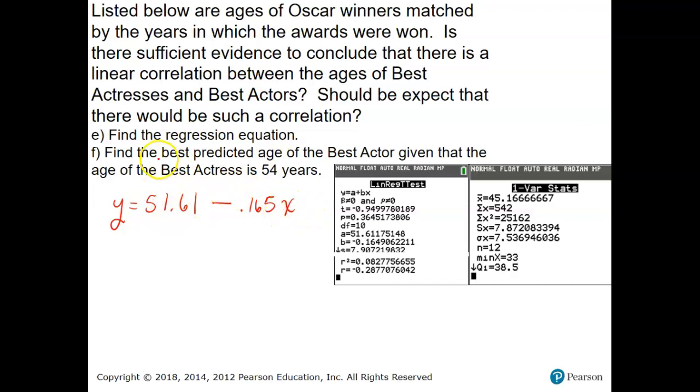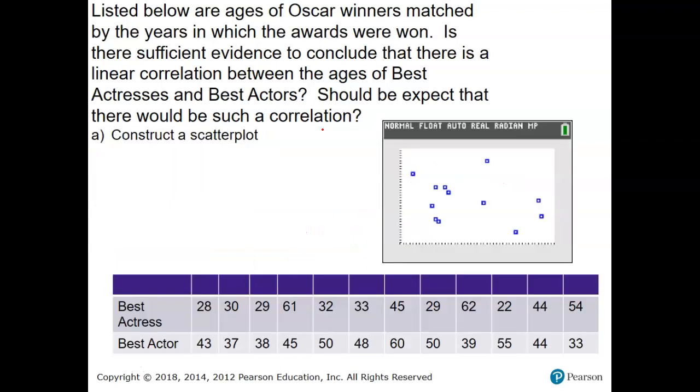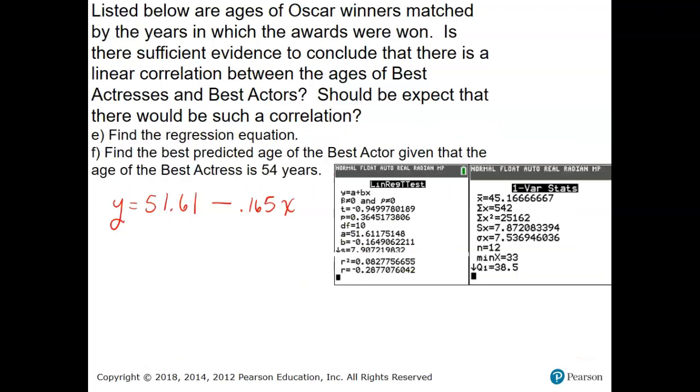What we're going to have to do when we do this part F, find the best predicted age given that the age of the best actress is 54 years, we'll actually have to go back to my data set and average these Ys. So you could either add them all up and divide it out to get the average, or since you still have them in your calculator, what you can do that's a little bit quicker is to do the one variable stats for L2, since that's the Ys, and then here's that value.